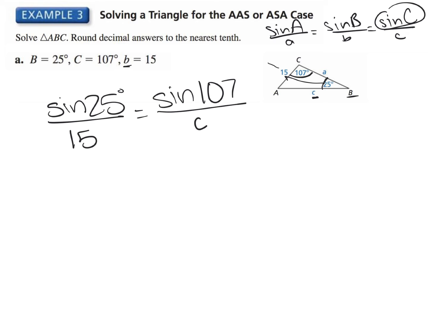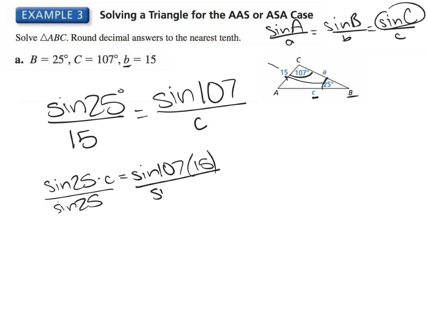So what we need to do is cross multiply. You'll get sine 25 times c equals sine 107 times 15. Actually, let's divide by sine 25 first, so we can do that all in one step.